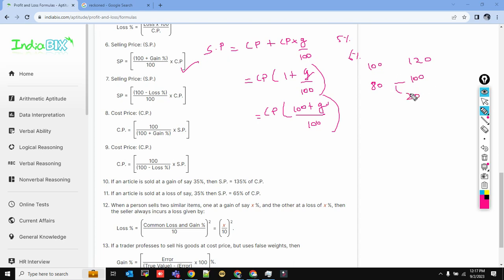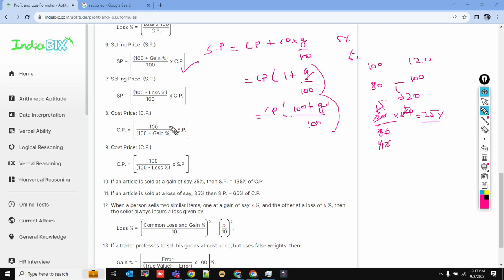But gain percentage: how much percentage is 20 in 80, into 100? So this is 25 percentage. Gain is 20 but the percentage is 25 percentage.